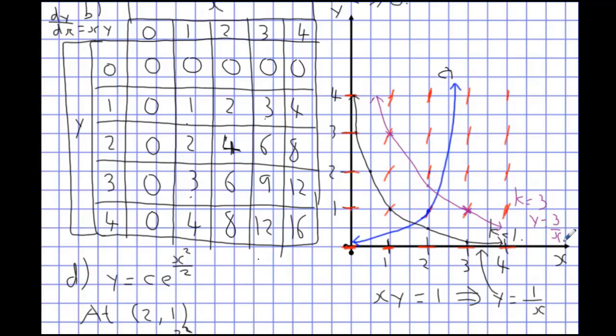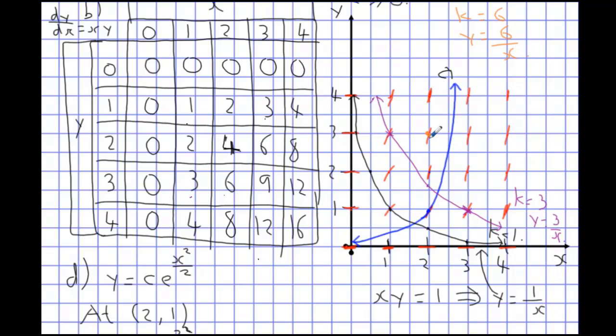The final isocline is for 6. So for k equals 6, that means y equals 6 over x, because xy equals 6. So we already have 2 points, which are (2, 3) and (3, 2). So (2, 3), we know it's going to pass through there.